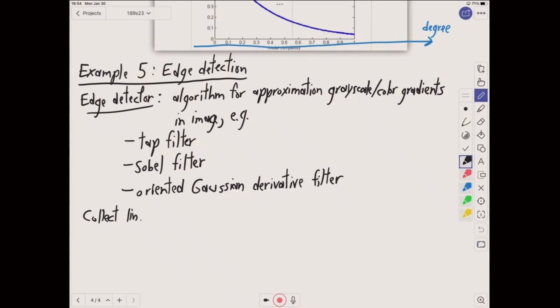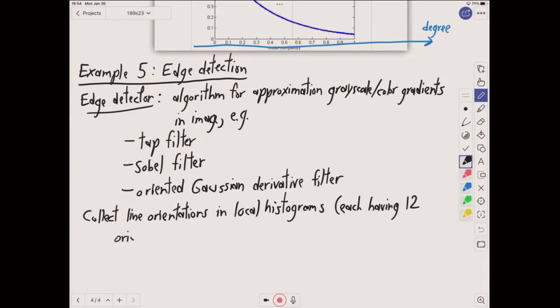So a rough idea of what you can do is you can collect the line orientations in buckets, what we call histograms. For each little patch of the image, you're going to look at it and try to figure out, for each of 12 different orientations, which orientation seems to fit most where the lines are oriented at that point in the image.